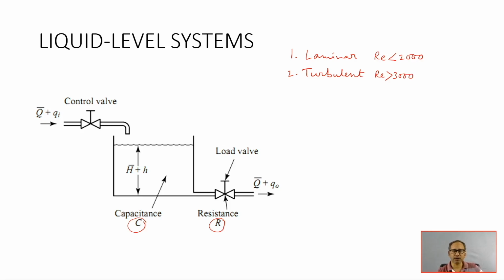The Reynolds number is non-dimensional. If the Reynolds number is between 2000 and 3000, that indicates the transient zone. In laminar flow, the fluid flows in streamlines, which is describable by a linear differential equation.